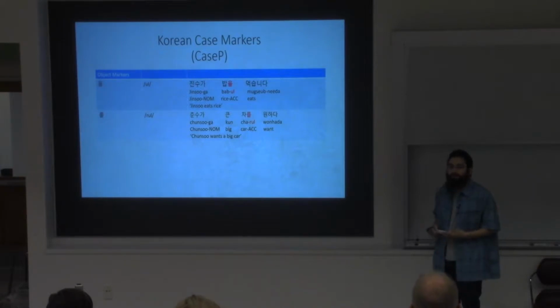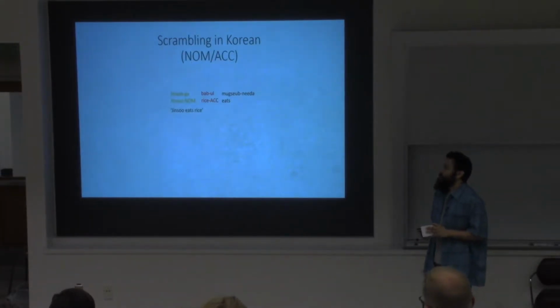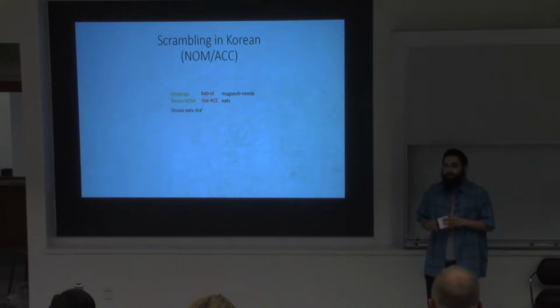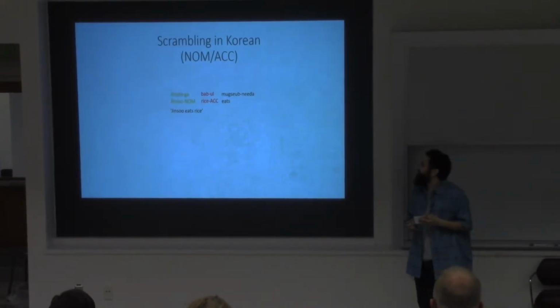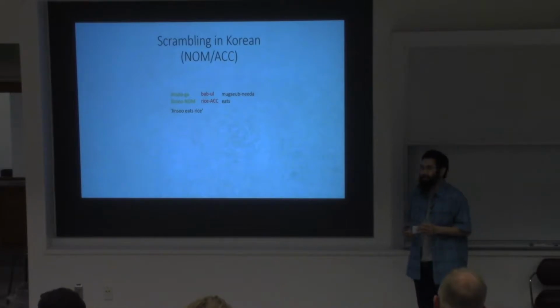If these are actually syntactic markers, how can we test for that? One thing we can do is look for scrambling in the Korean language. Scrambling is a phenomenon that occurs in case-heavy languages where you can switch around the word orders and the sentence will mean the same thing.